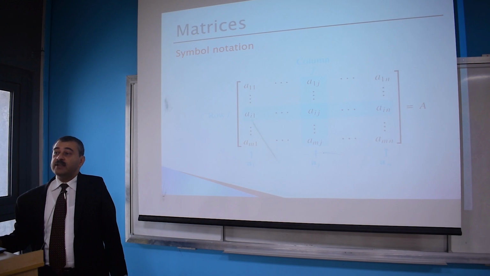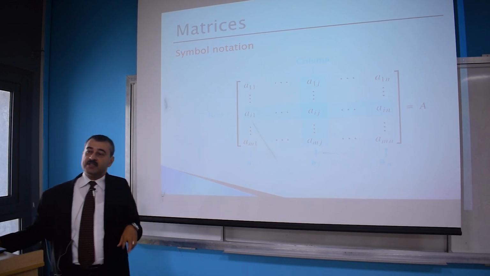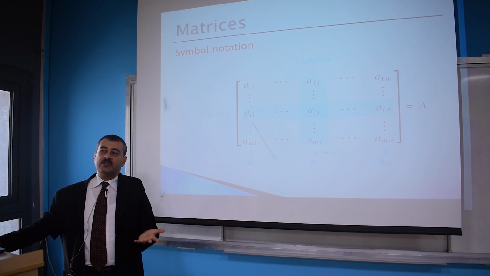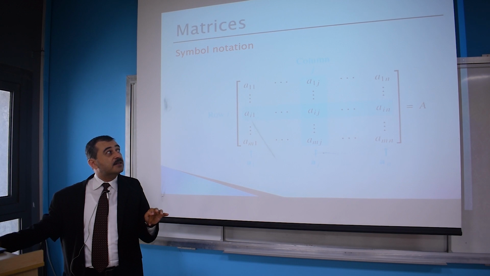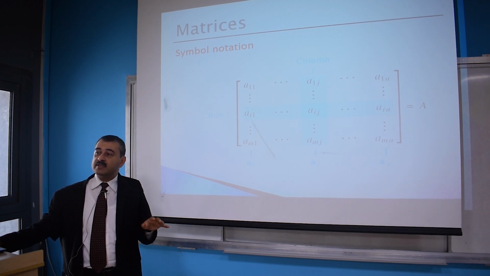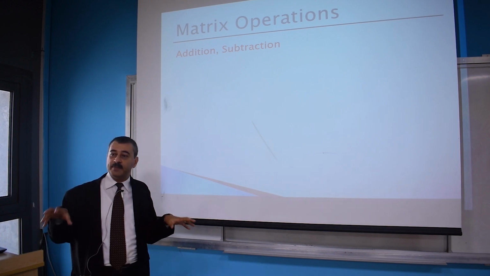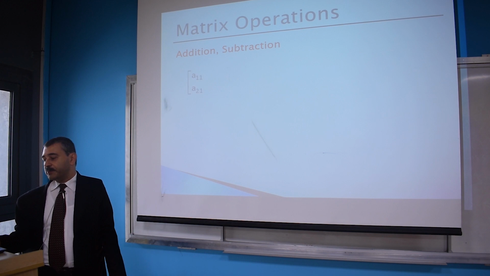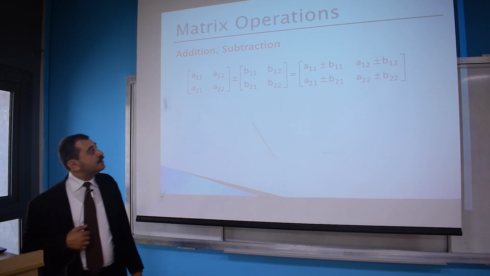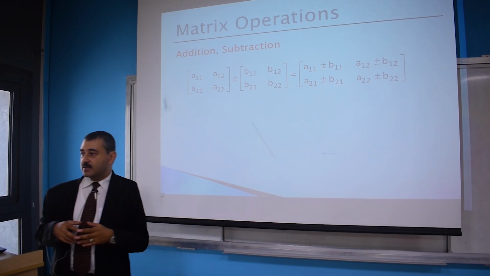If I want to define the addition and subtraction of 2 matrices, what do you expect to be the condition for the addition to be valid for 2 matrices? If I want to add 2 matrices, they must have the same dimension. The same dimension, okay? That's the same shape. And to add 2 matrices, you simply add the corresponding entries.